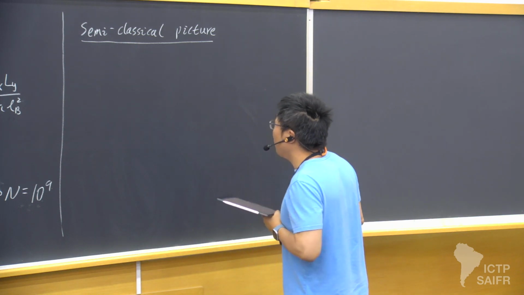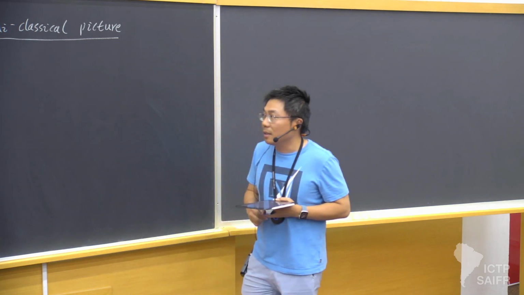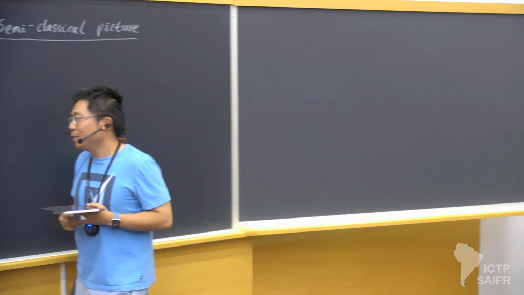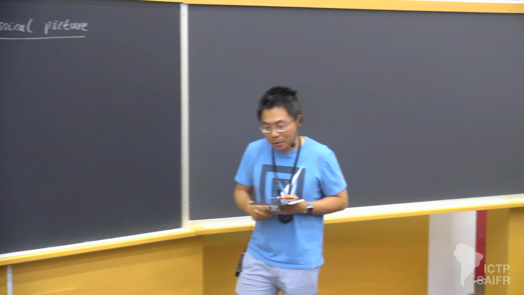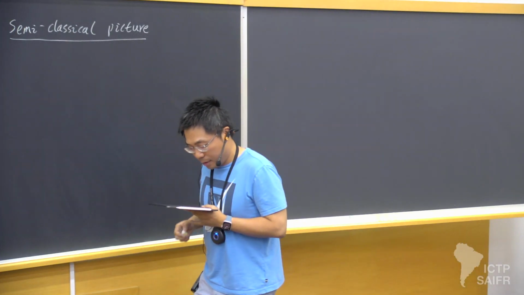Okay, so I'm going to provide you some semi-classical picture. Whenever we really study quantum physics, it's always good to develop some semi-classical pictures which can guide you to the answer.